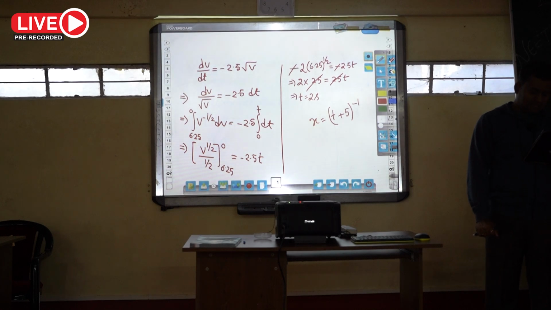Acceleration of the particle is proportional to, option A, velocity to the power 3 by 2, means instantaneous velocity to the power 3 by 2. Option B, distance square.